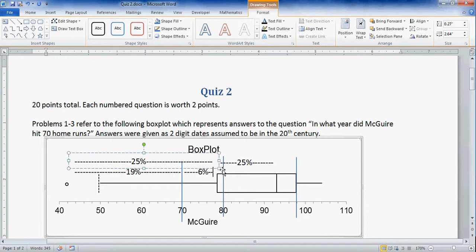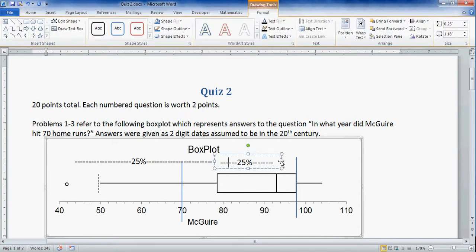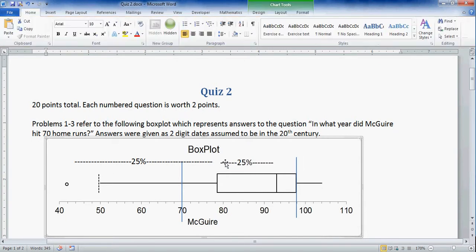Now, before we had talked about this, that this is going to be 25% of your data. This is the second quarter. And in fact, this is 25% of your data as well. I guess I don't have enough room to put my 25%.